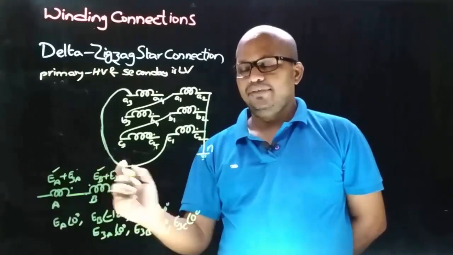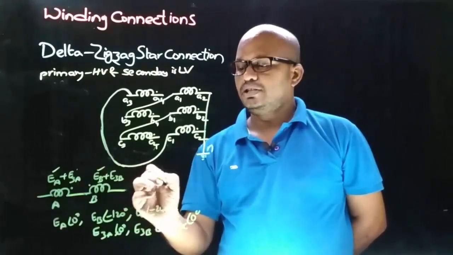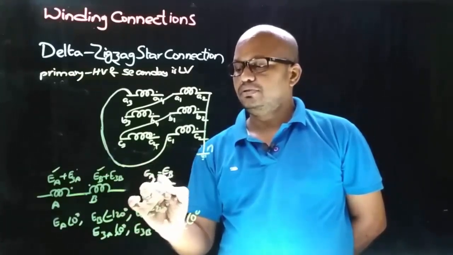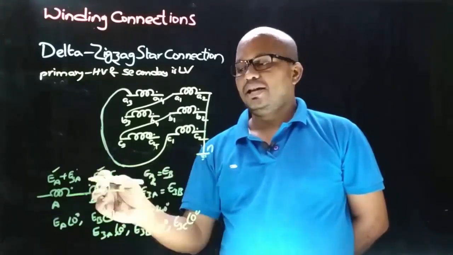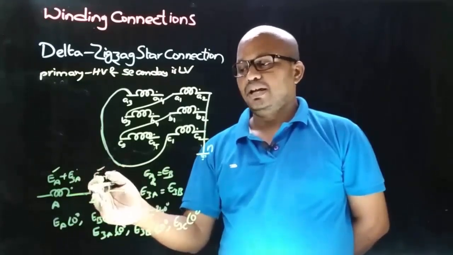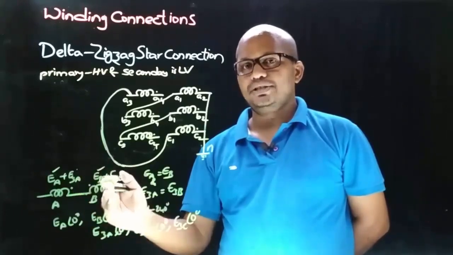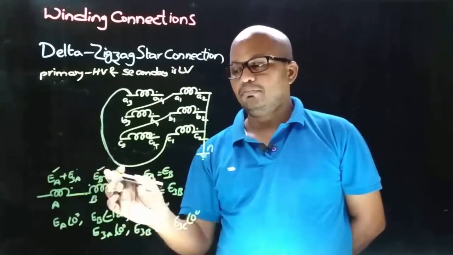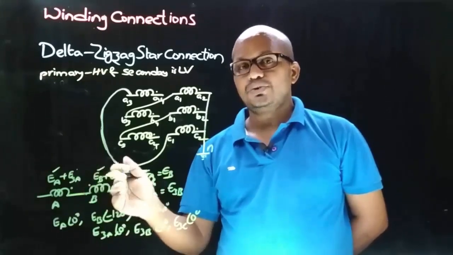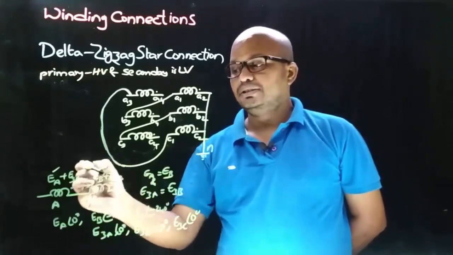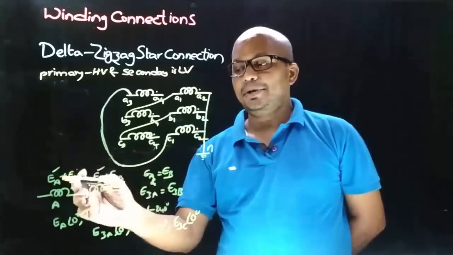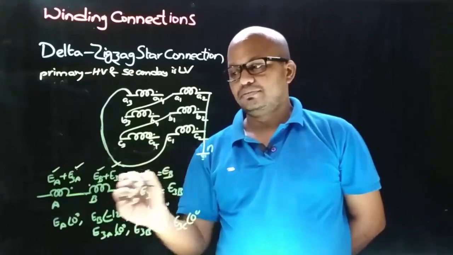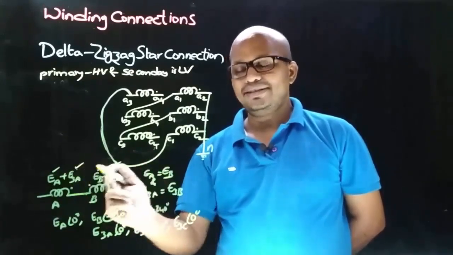Now let's take off the C coil and consider only A coil and B coil. Suppose EA is equal to EB and E3A is equal to E3B. As these two coils are connected in phase opposition and have equal voltages, the voltages get cancelled and the resultant voltage will be 0. But the logic here is that the voltages which are getting cancelled are E3A and E3B, that is the triplet harmonic voltage, because at that instant these two are present, as they start at the same instant.